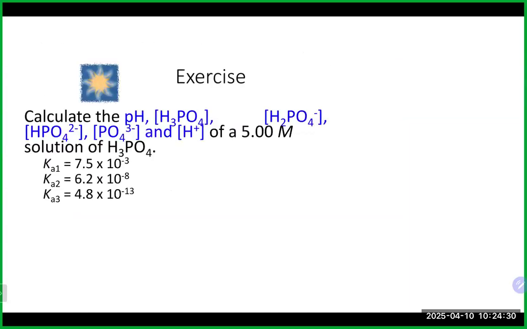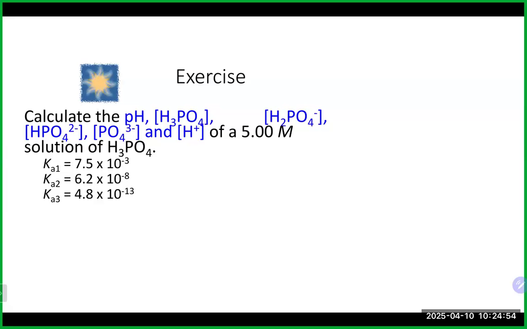Let's take a look at a problem that we might want to do here to calculate a bunch of things. We want to calculate the concentration or the pH of H3PO4, H2PO4 minus, HPO4 2 minus, PO4 3 minus, and H plus of a 5 molar solution.